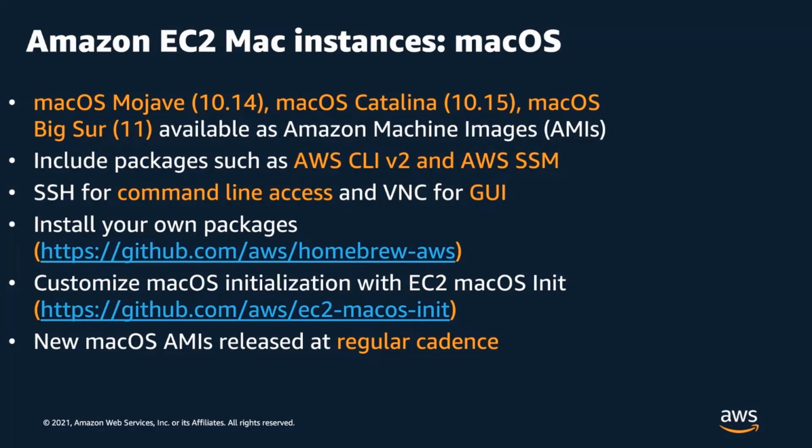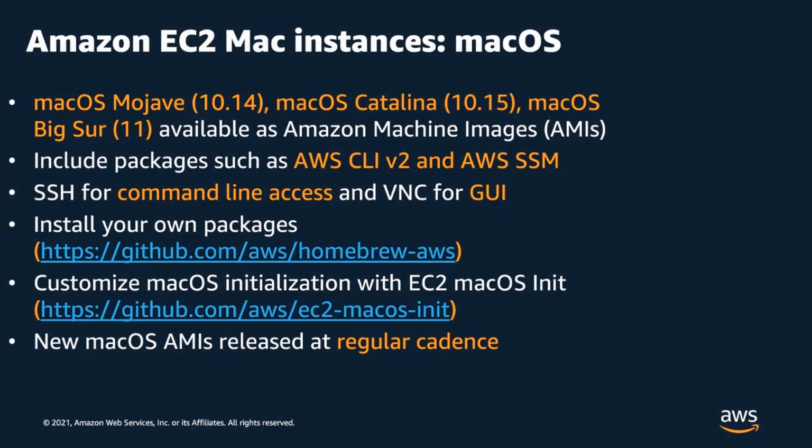Similarly, a lot of our customers on Linux and Unix today rely on something we call cloud-init to be able to run scripts and customize that whole initialization process. So for EC2 Mac instances, we built our own EC2 macOS Init, which is similar to cloud-init in its functionality, but works great with macOS.